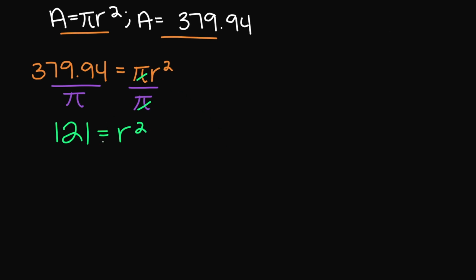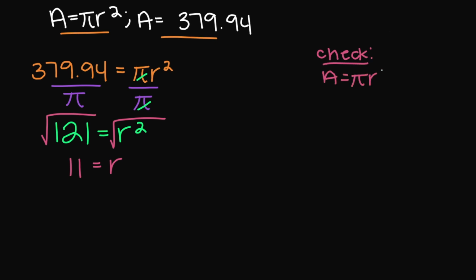And now I'm going to take the square root of both sides here. So the square root of 121 is going to equal 11. And r squared is going to be r. So your radius here in this example is 11. So let's check our work. So we have A equals pi r squared. A is going to equal pi times my radius squared.